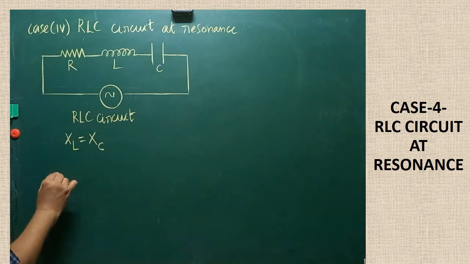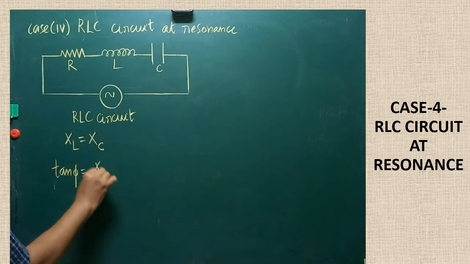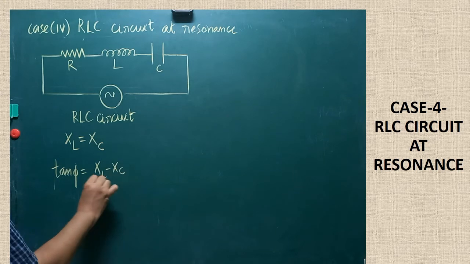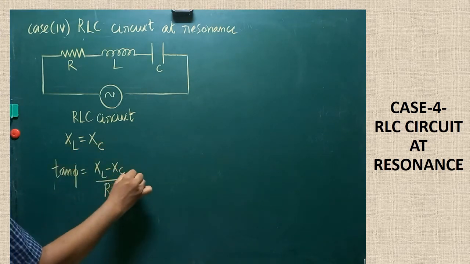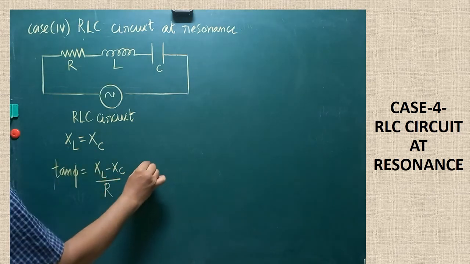What is the formula to calculate the phase difference between V and I? Tan pi is equal to XL minus XC divided by R. Here XL and XC both are equal. If XC is replaced by XL, what will happen?